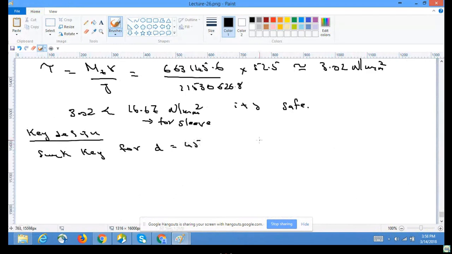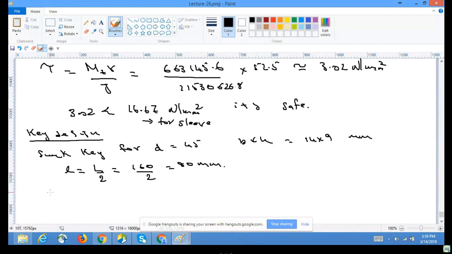We can have b cross h using standard proportion as 14 cross 9, and the length of the key in this case, l, is given as capital L by 2, that is 160 divided by 2, that is equals to 80 mm. And for this key dimension, b into h is 14 into 9, the dimension of the key which we assumed.